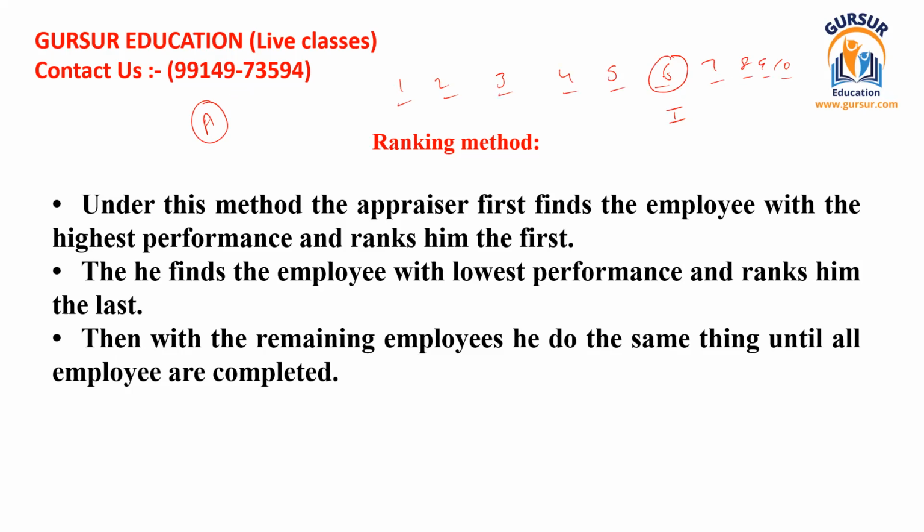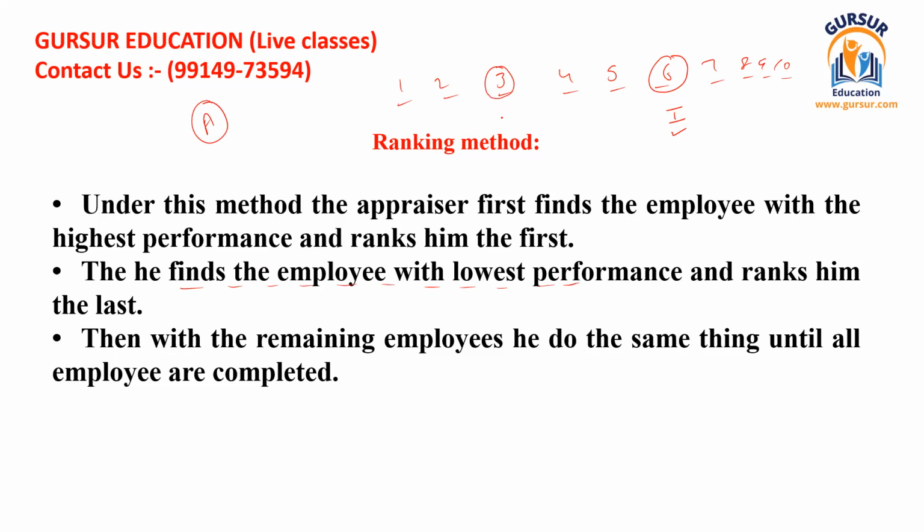Suppose 6 was the very good performer, and the appraiser shall rank him first, and after that he finds the employee with the lowest performance. Then he shall try to find who was the lowest performer. So maybe the third one was the lowest performer.